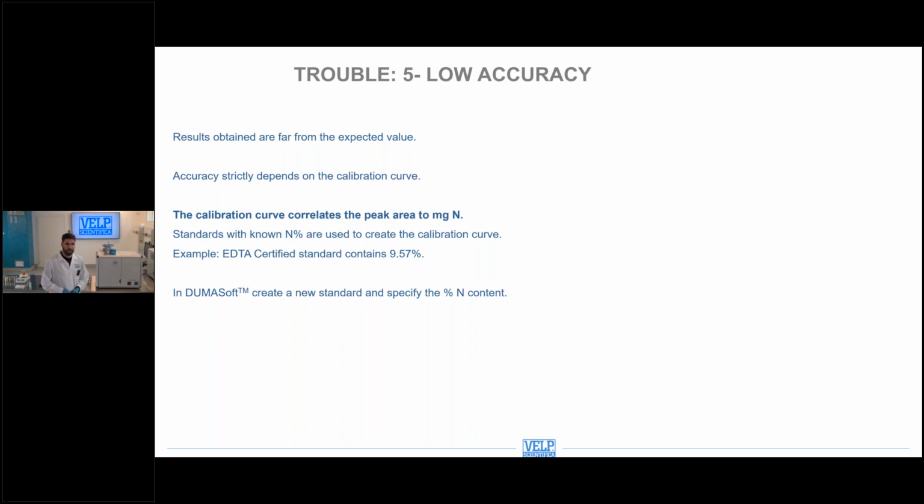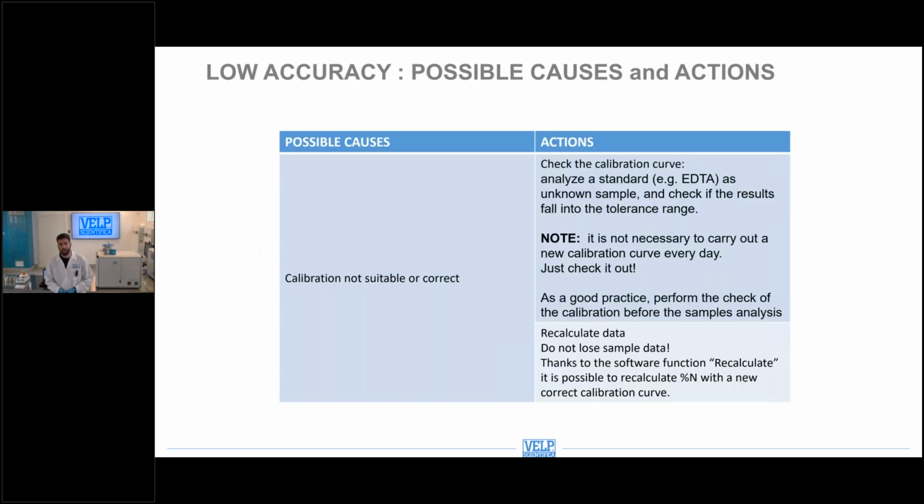On the DumaSoft you can create new standards and specify the nitrogen content and the nitrogen range. So before starting with the analysis, always check the calibration curve, performing a standard sample as an unknown sample, to be sure that the nitrogen content falls inside the range specified on the certificate.